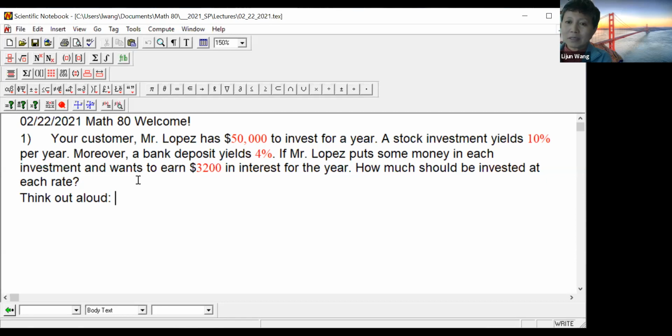What does it mean that the return is 4%? Could anybody say something? What does 4% mean?